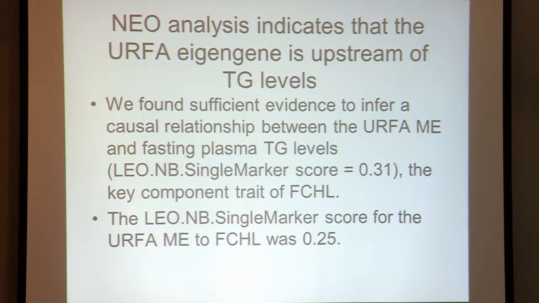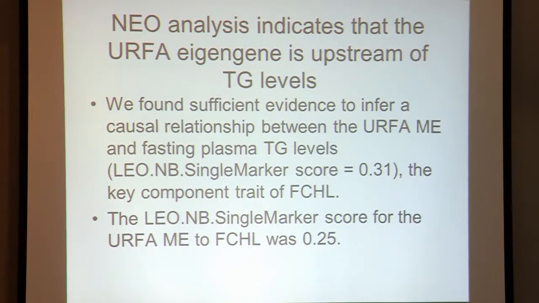It just means that this causal model fits better, 2 times better than the 4 alternative models. Is 2 times better significant? Not really. So in our paper, we recommend for the single marker analysis a threshold of 1, meaning the model fits 10 times better.